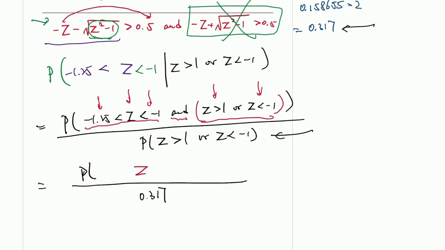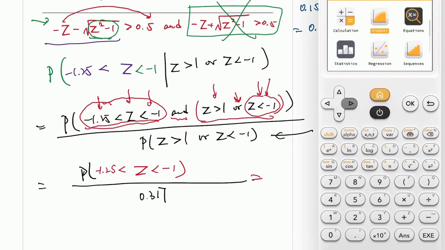I think it's just negative 1.25 to negative 1. Right, because once z is between negative 1.25 and negative 1, you have already satisfied this condition. And this is OR, so you only need to satisfy one of them. And you can only satisfy one of them. You're either bigger than 1 or less than minus 1. You can't be both. So we want that probability.